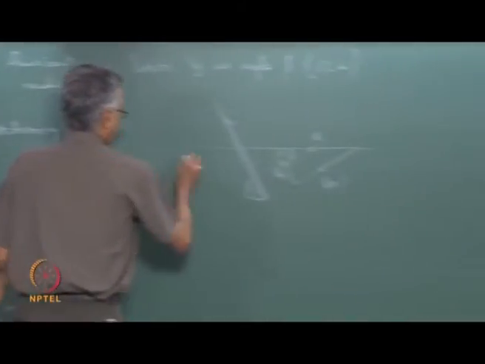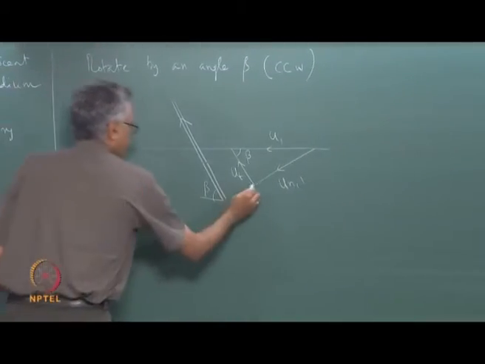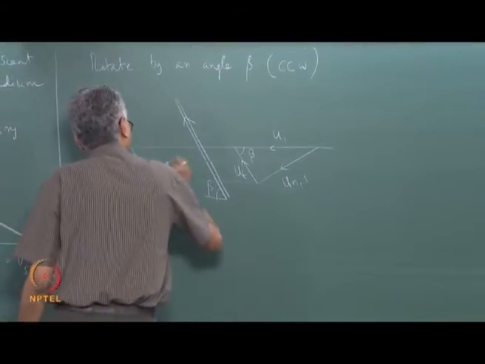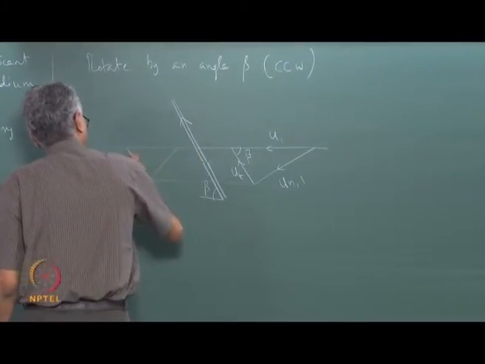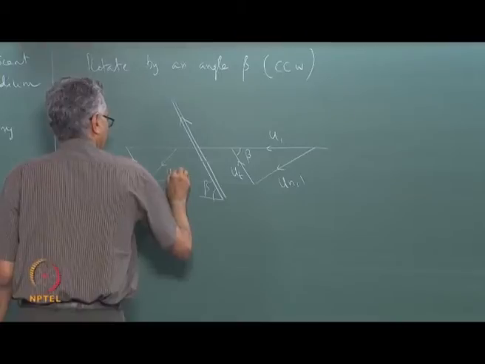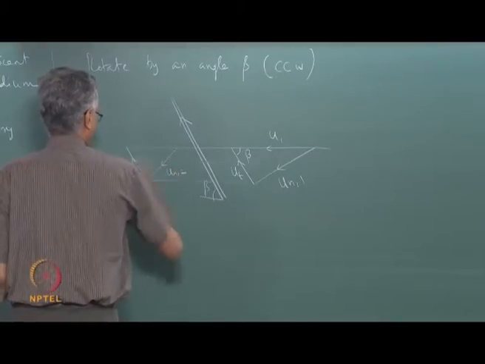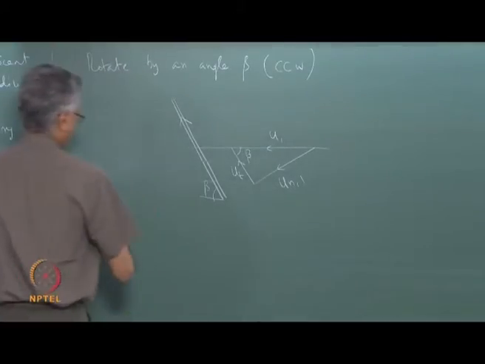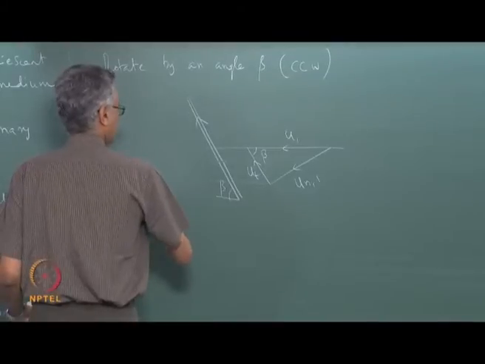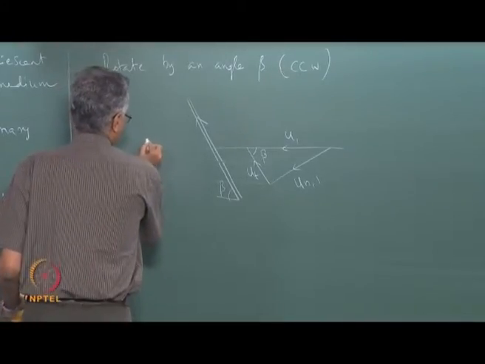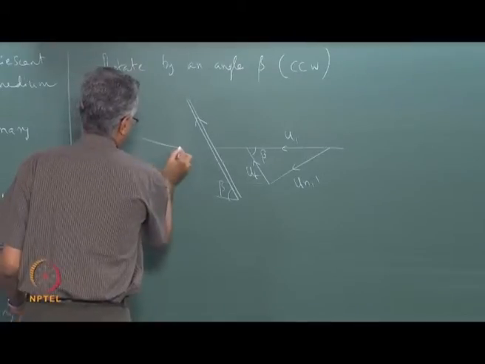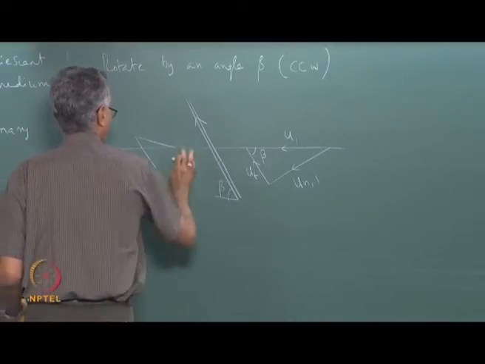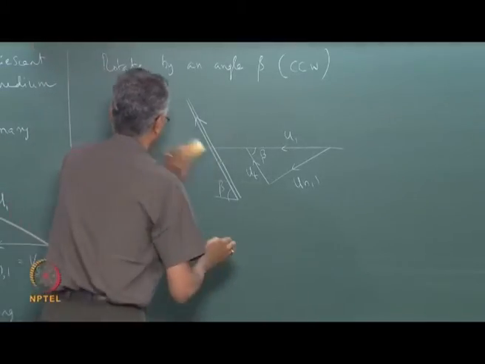Now when I draw the diagram on this side, again this is ut, I am sorry, un2 is slightly smaller, draw it like this.